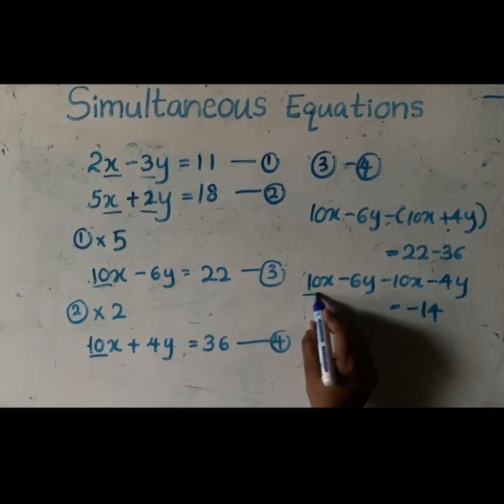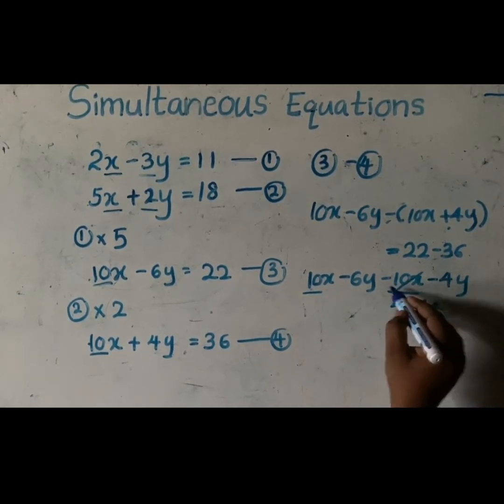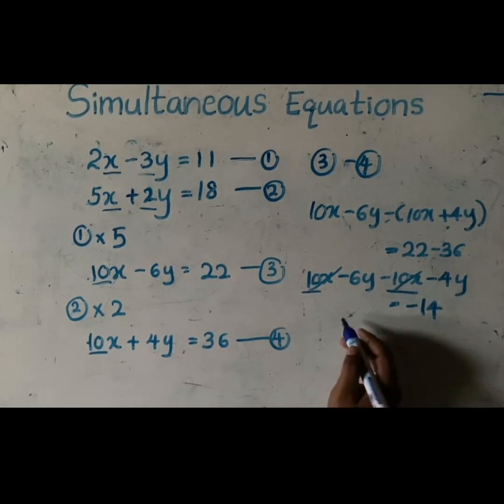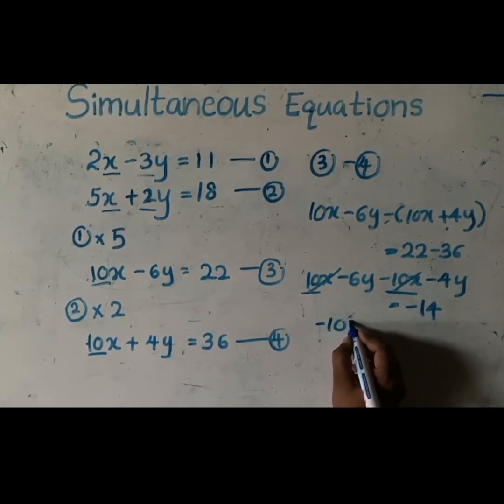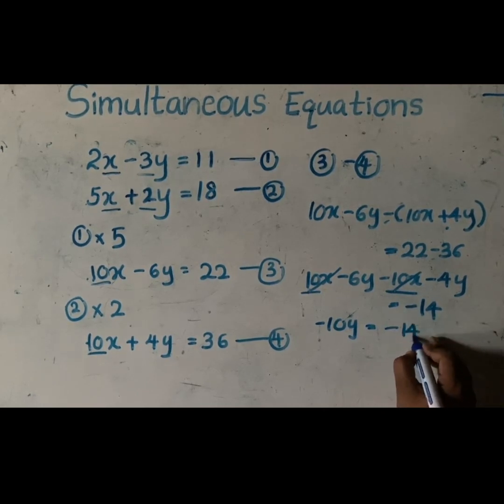Here plus 10x is there, here negative 10x is there. This value is cut off by this value. Then negative 10y equal negative 14.